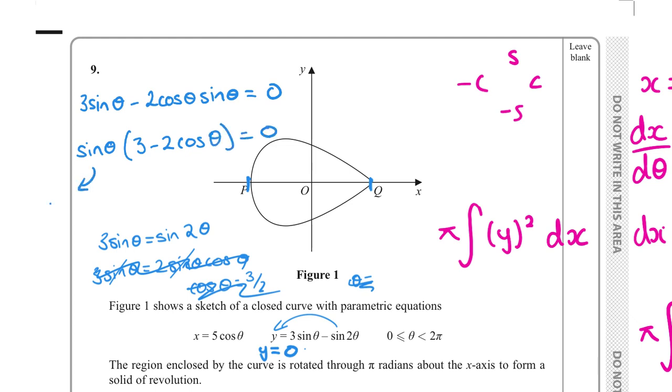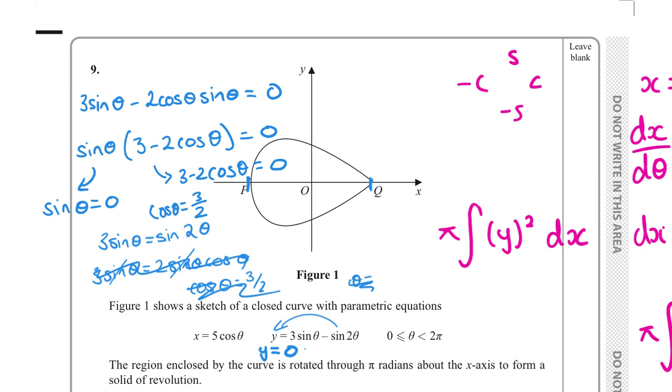So this is where sine theta equals 0, and 3 minus 2 cos theta equals 0. This is going to give me cos theta equals 3 over 2, positive, my bad.